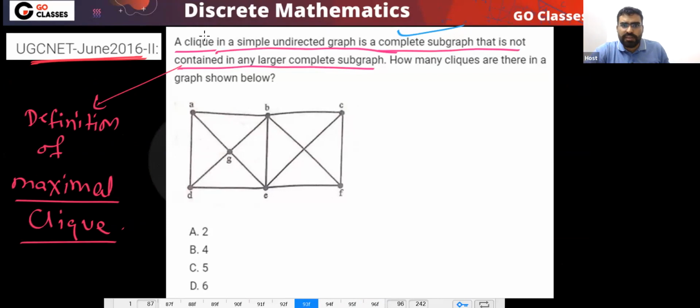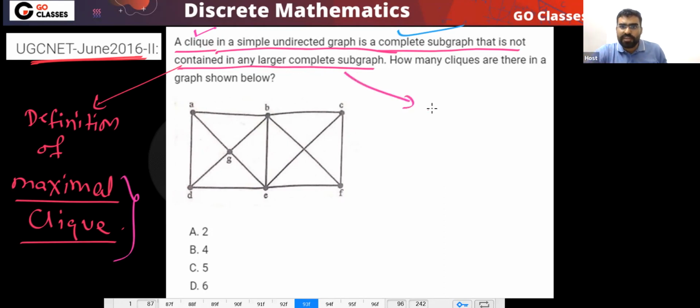In this question the definition is given, but the question is using the word clique, while actually he means maximal clique. Remember, this is the trick in this question. This is a beautiful question, because he is using the word clique, but the definition is actually of a maximal clique.